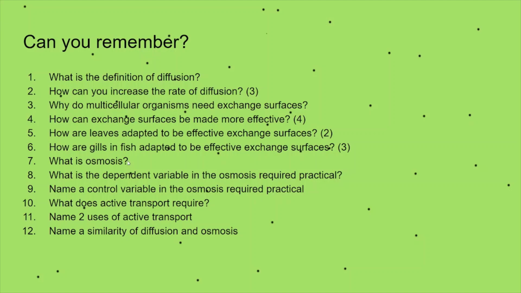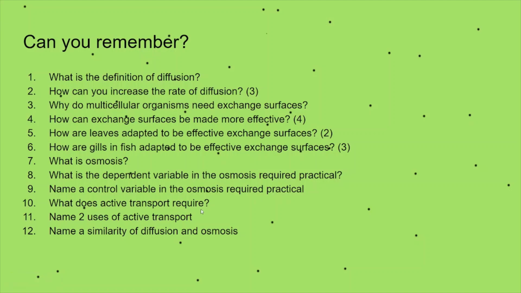Osmosis is where water moves from an area of high water concentration to an area of low water concentration through a partially permeable membrane. The dependent variable is the one that we measure, and that is percentage change in mass in this case. A control variable is the surface area of the potato cylinders.